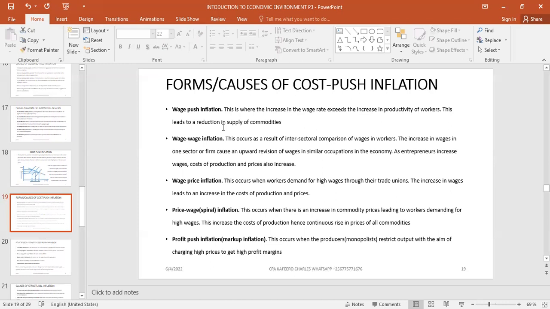Because the main emphasis of these people holding stock is as a result of them asking for higher prices. When they ask for higher prices, you just know that they are expecting to be earning more profit. So what drives them to restrict the output is for them to set a higher price and earn a lot of profit.